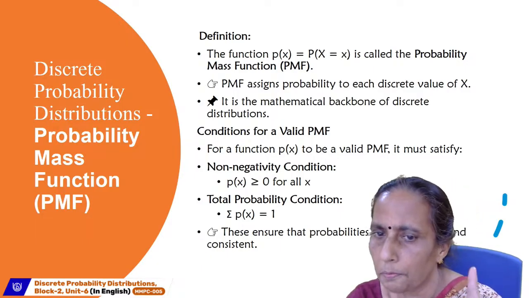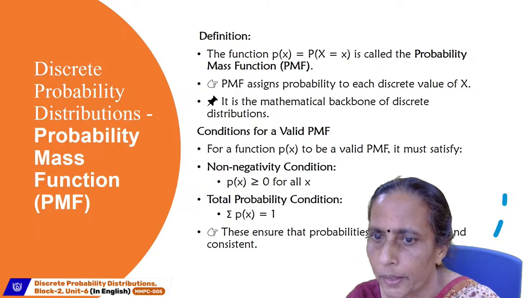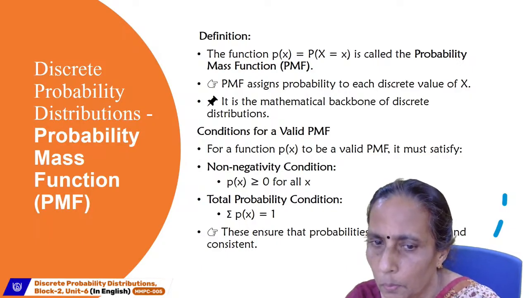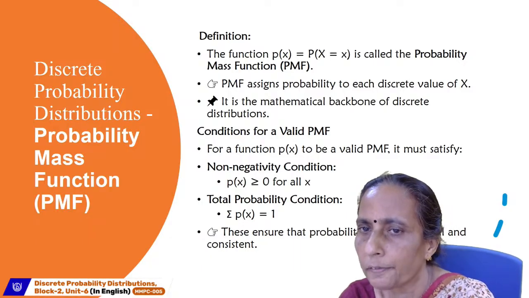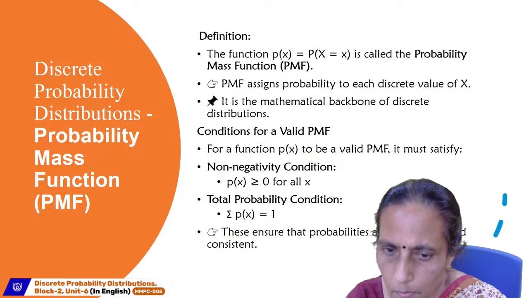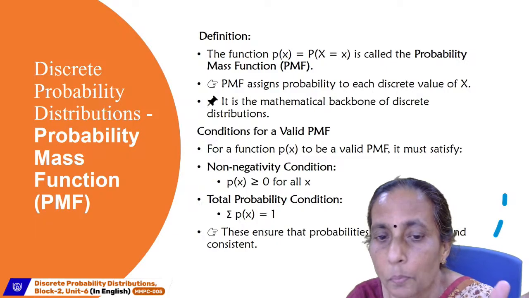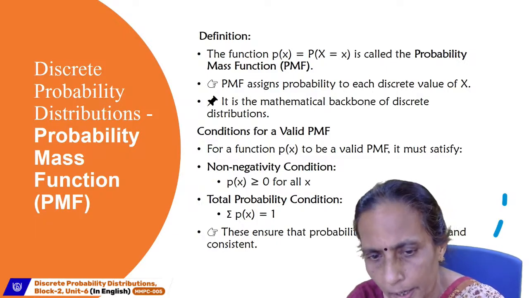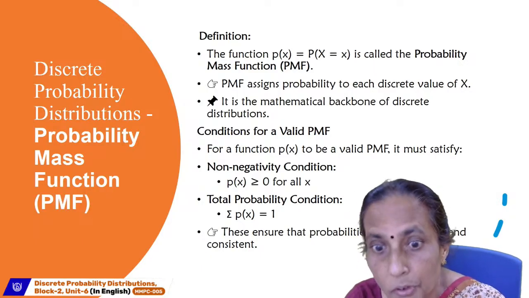The conditions for a valid probability mass function: for p(x) to be a PMF, it must satisfy that p(x) is positive for all x. We have studied that the probability of any random variable is always positive or zero.